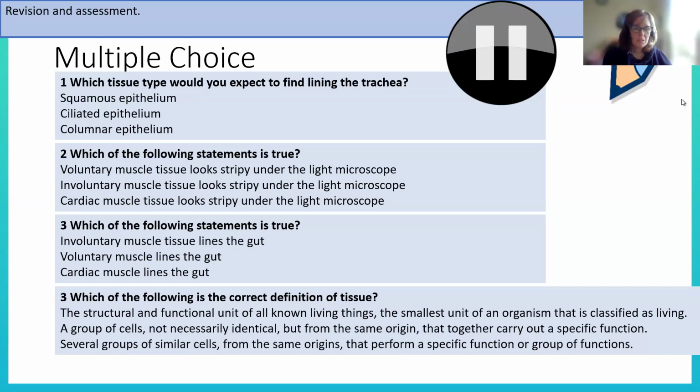We'll look at the answers you're giving me. Okay, we've got some good answers coming in, some correct, some not quite correct, but it's making you think. That's the main thing. So good work, you lot. Well done.